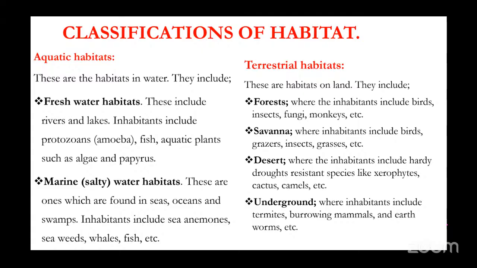We have savanna, where we have birds and grazers. The grazers can be buffaloes, deer, and antelopes. Those are examples of organisms which can stay in the savanna.